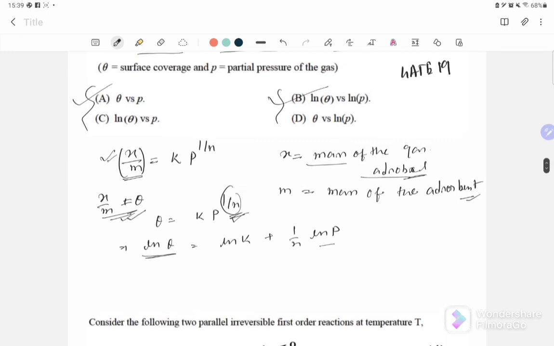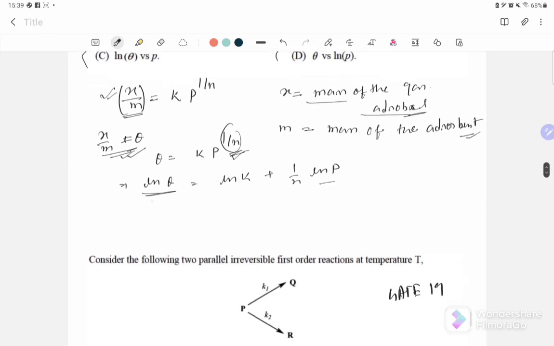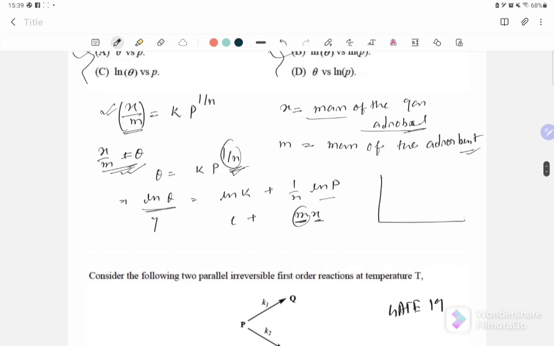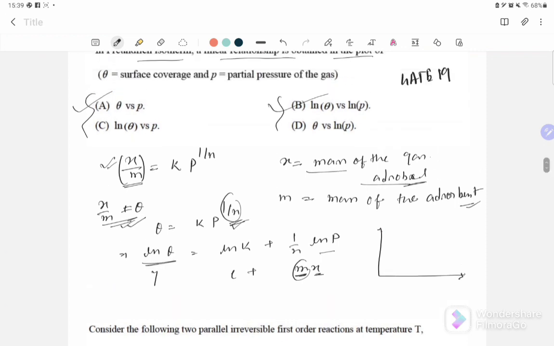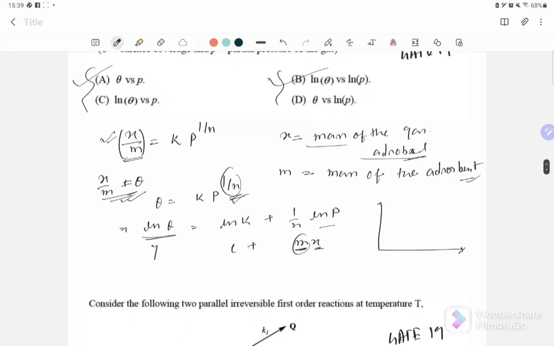That is ln theta versus ln p. y is equal to c plus m x, m is the slope, that is 1 by n, and x is ln p. That will be the linear one.